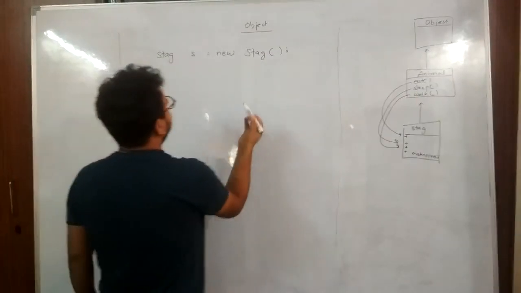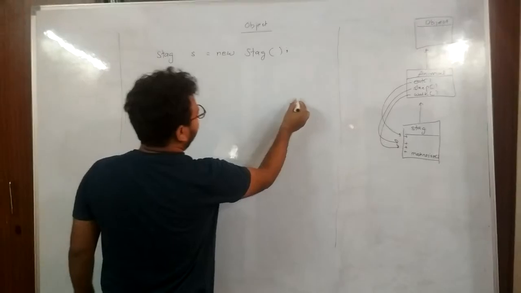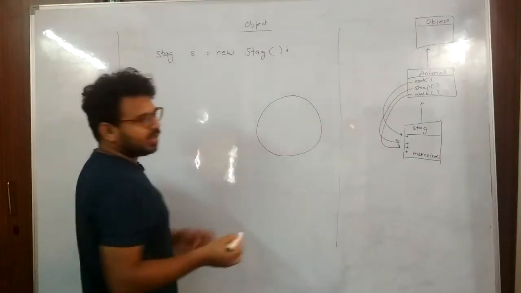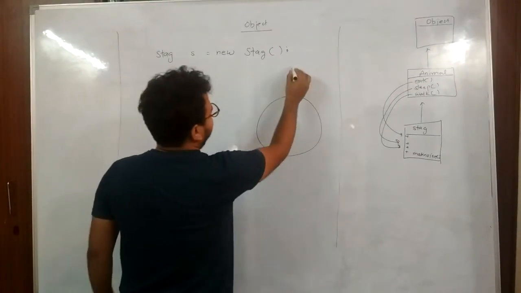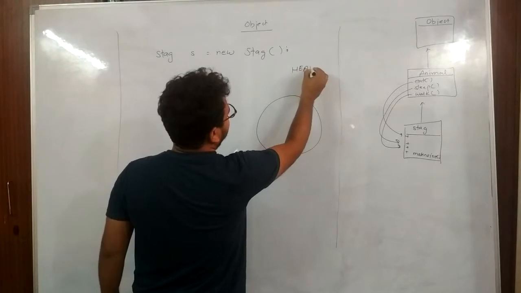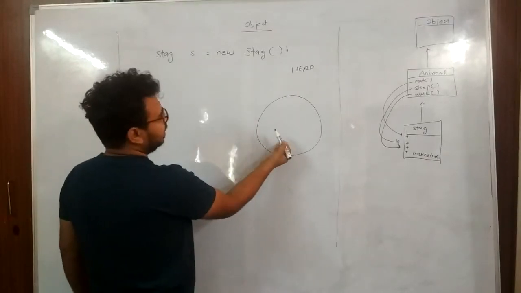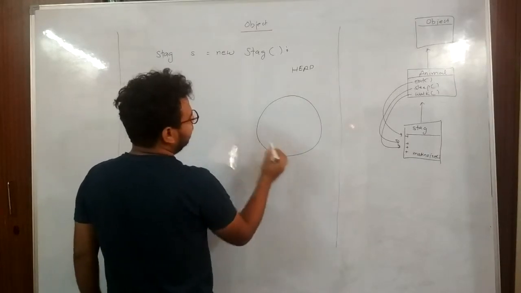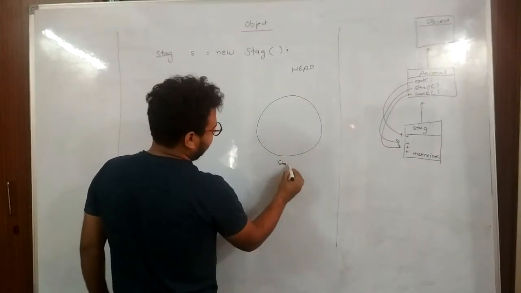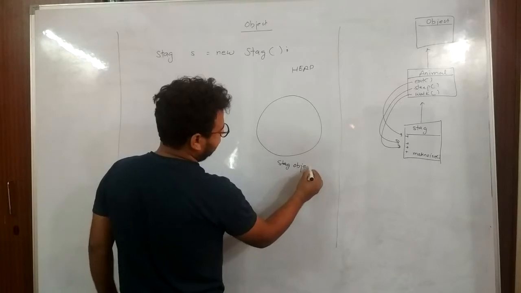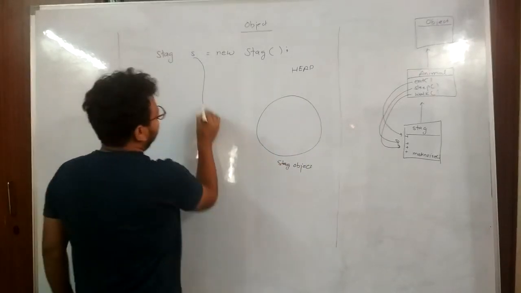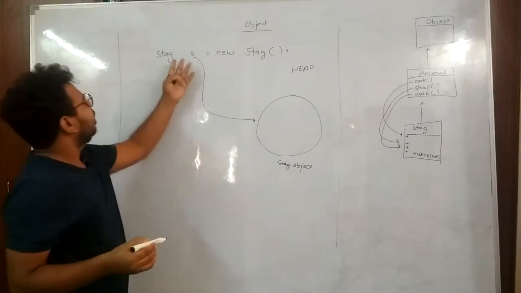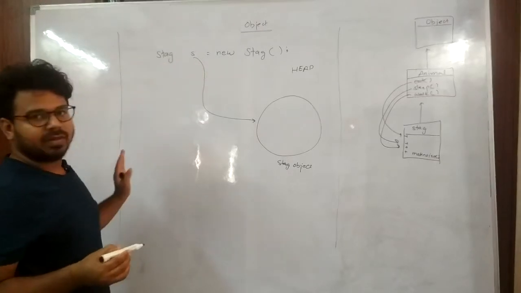A new object is created in the heap area. Suppose this is the heap area. So a new object is created in the heap area, and this is a Stack object. Let me write it here, Stack object, and it is referenced by this Stack reference s.